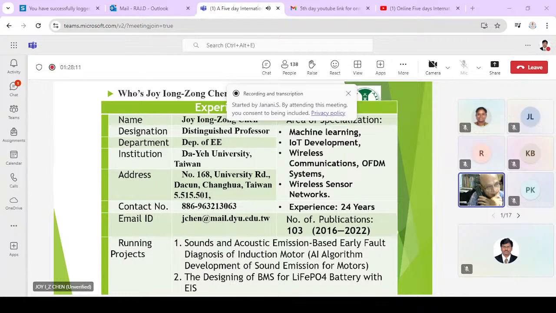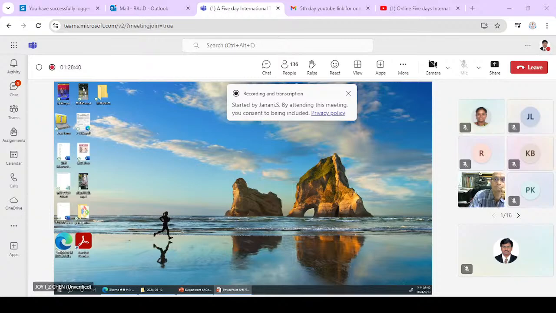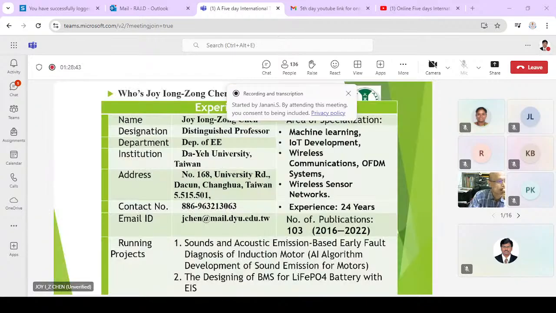I have some projects running now. My areas of specialization are machine learning, IoT development, wireless communication, OFDM systems, and WSN wireless sensor networks. I have about 24 years of experience in teaching and research.